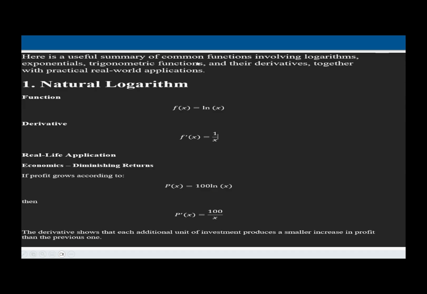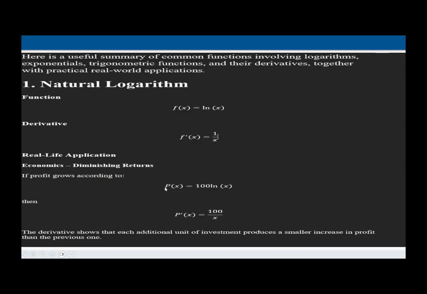Here is a useful summary of common functions involving logarithm, exponential, and trigonometric functions, and their derivatives together with practical real-world applications. Look at the natural logarithm, f(x) = log x, so we know that the derivative is 1 on x. In real-life application, economic diminishing return, we talk about investment diminishing return.